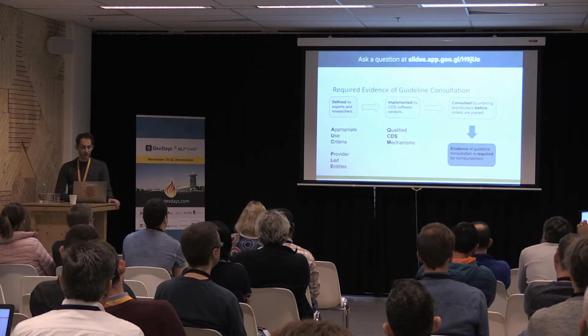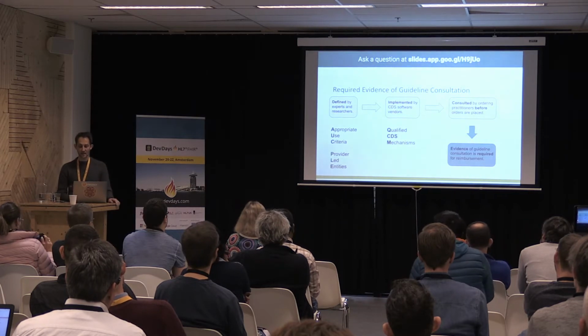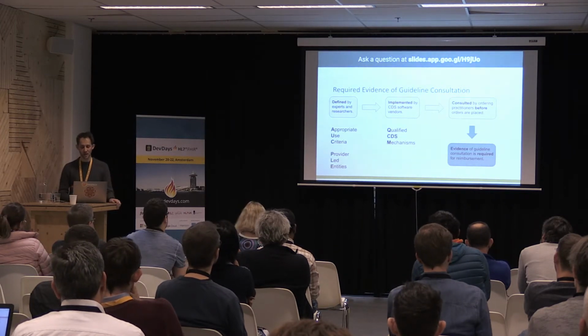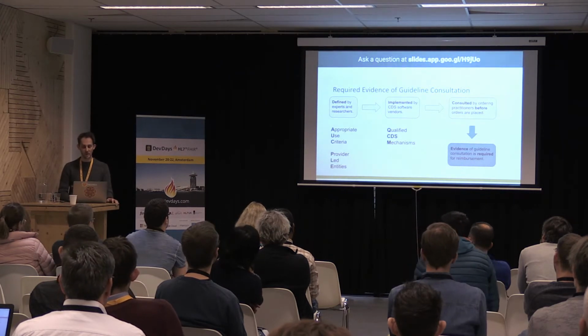So with this, a radiologist who sees an incoming image order that's missing that evidence of guideline consultation can push back on the ordering provider. So this can create some conversations in these departments, and that's the purpose of having a whole year as a training period before the penalties kick in.